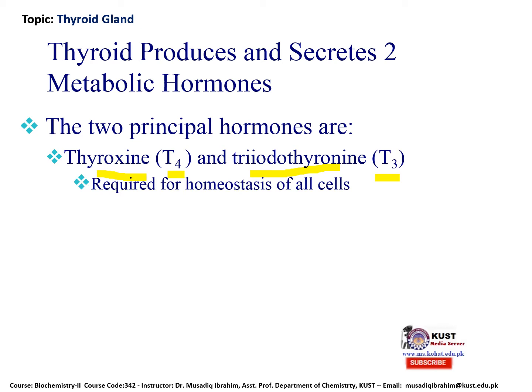Now these two hormones are required for the homeostasis of all the cells of the body. Now the homeostasis is the metabolic equilibrium actively maintained by several complex biological mechanisms that operate through the autonomic nervous system to offset disrupting changes.